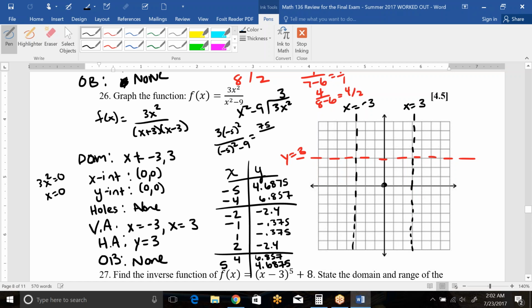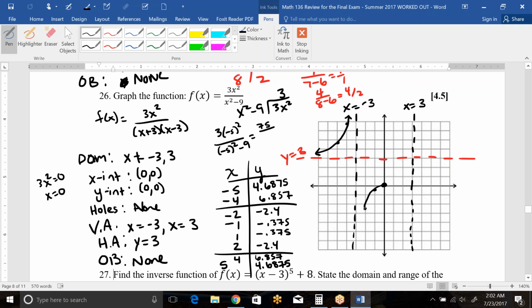Okay, so it looks like what we're getting here is, let's plot these points. -5 is at 4.68, so that's almost at 5. -4 is at 6.8. So that's up here. So it looks like this region is staying up here in this top corner. -2 is at -2.4. -1 is at -0.375, so that's pretty small.